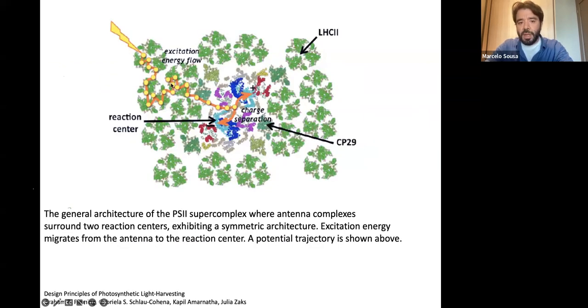What it means is that, different from a localized exciton as a particle jumping from one place to the other, the exciton has a wave function that would be distributed over several of those antennas and over the reaction center. So it would always know where the reaction center is.